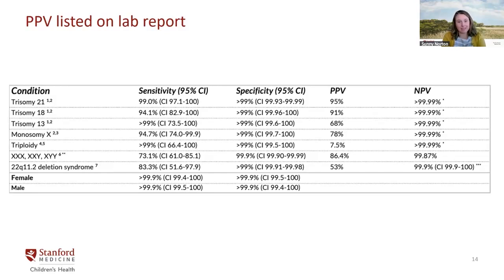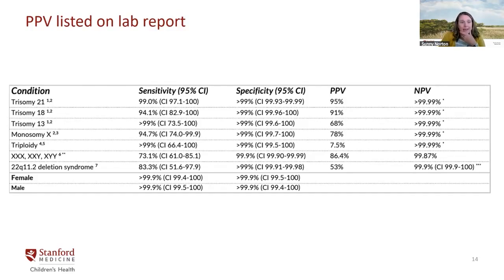And so it's still accurate, but it's not patient specific. So you can see that they would report a positive predictive value for trisomy 21 of 95%. That might not apply to a patient who is 20 years old with no family history or ultrasound findings. So these values are helpful for us to keep in mind the accuracy of the testing, but they might not be patient specific, which is important for counseling.